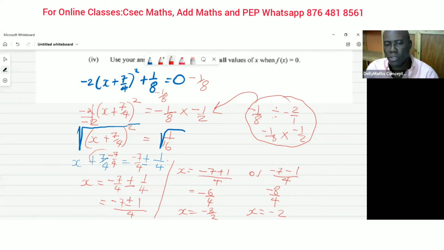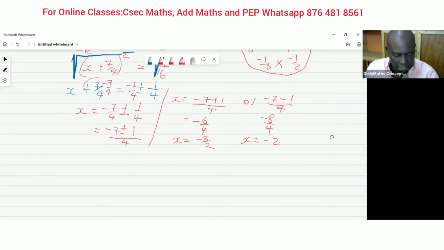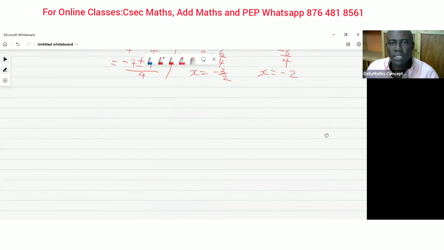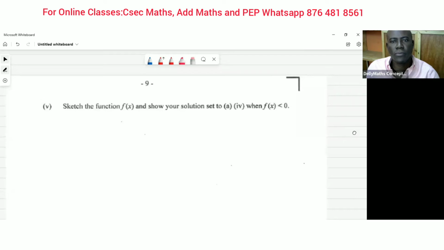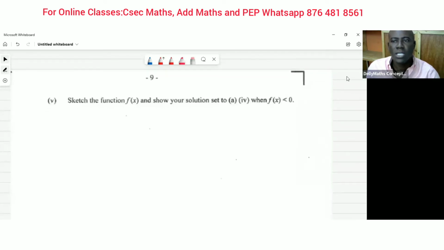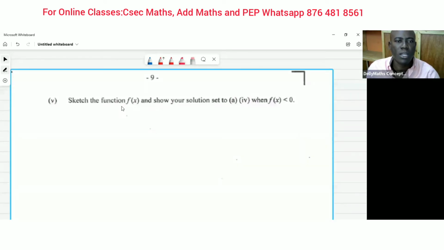And remember, negative 3 over 2 is the same thing as negative 1.5. All right, let's go further to see what else we're being asked to do. For this other question, it says sketch the function f(x) and show your solution set.